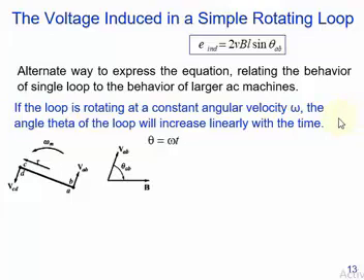If the loop is rotating at a constant angular velocity omega, the angle theta of the loop will increase linearly with time. Theta would be equal to omega t, where omega is the angular velocity and t is time.